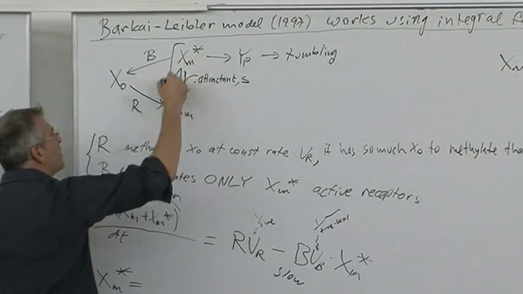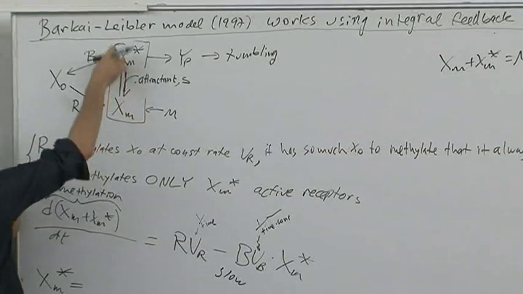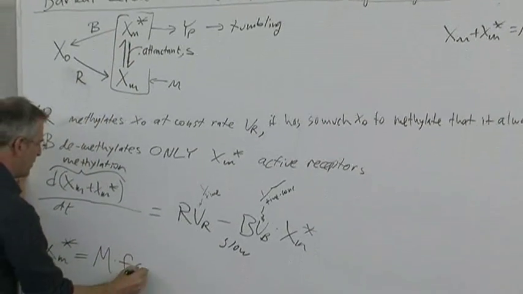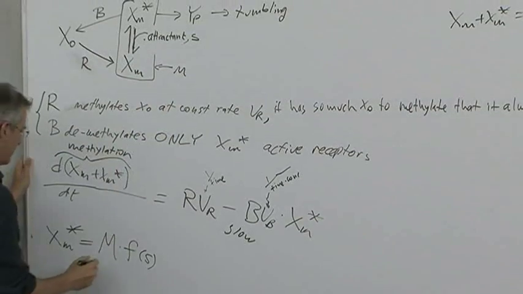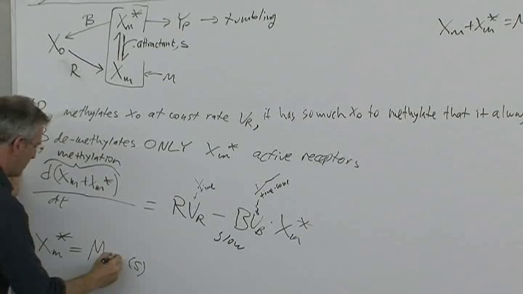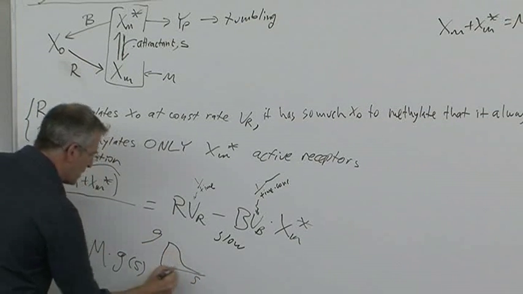On a fast time scale, the balance between the active and inactive is some function of this amount of attractant. So this function here, let's not call it f, it's called g. So this g of s is a decreasing function.